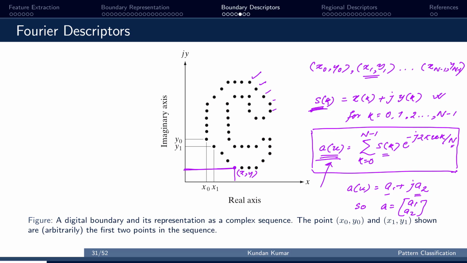You can observe here that these boundaries are converted to a set of feature vectors, because it will also be a set of complex numbers. So for each boundary pixel we will have one feature vector.